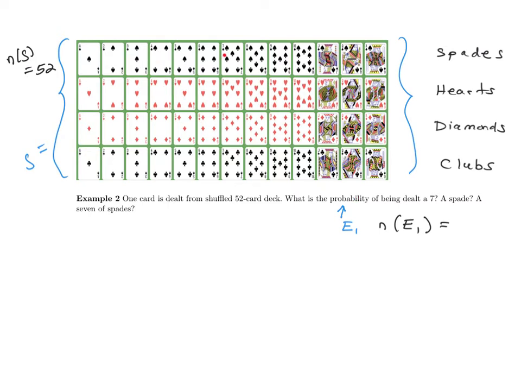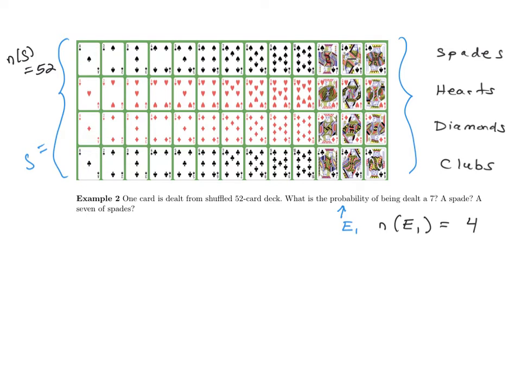They are here. Here are all possible 7s. There is 1 7 for each suit. So if you actually wrote out what E sub 1 was, you'd say it includes the 7 of spades, 7 of hearts, 7 of diamonds, and 7 of clubs. That's it, a total of 4 things. So here's the size, the number of things in the set E1.